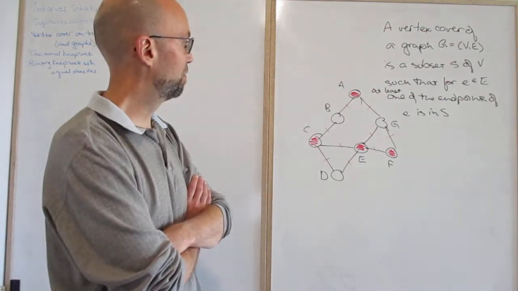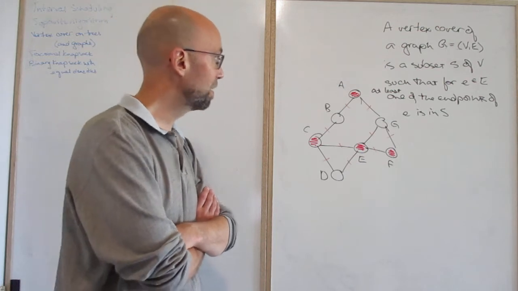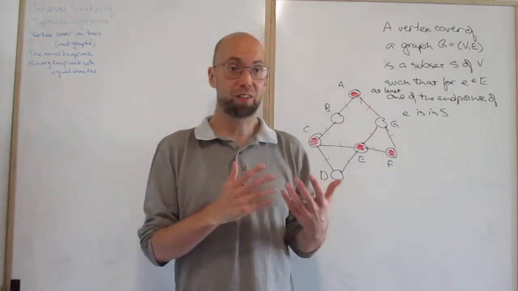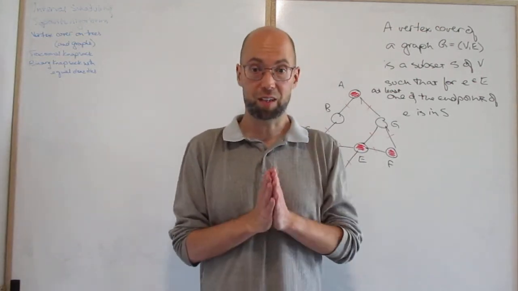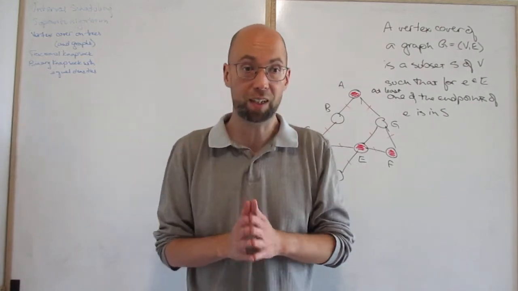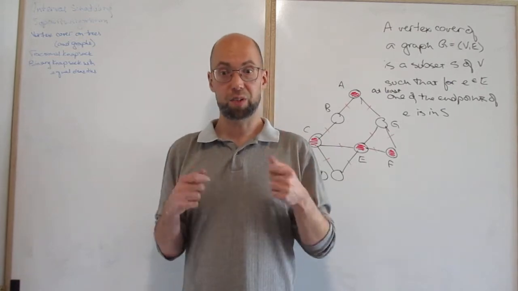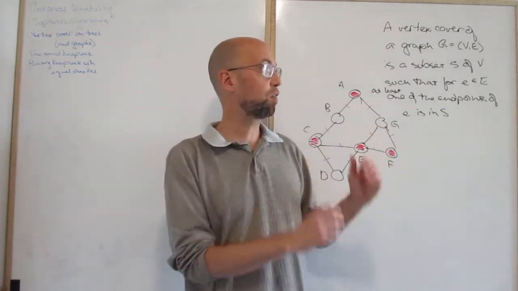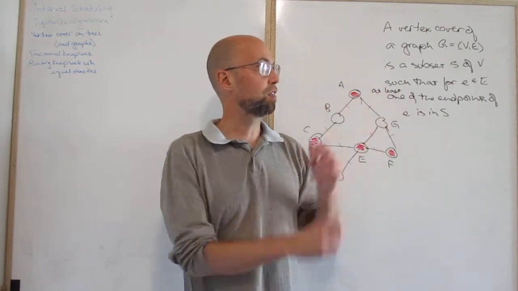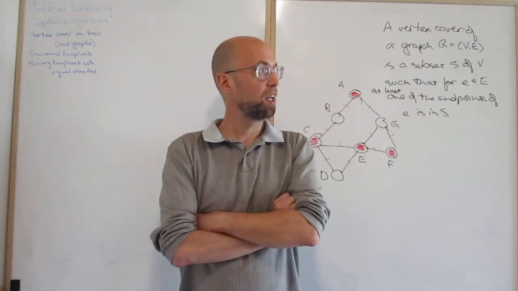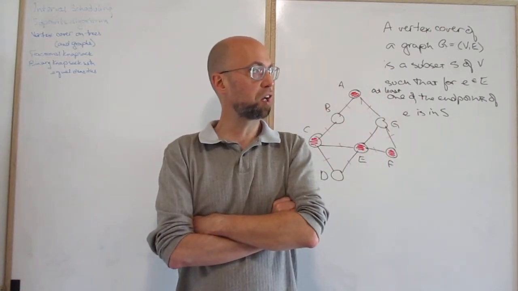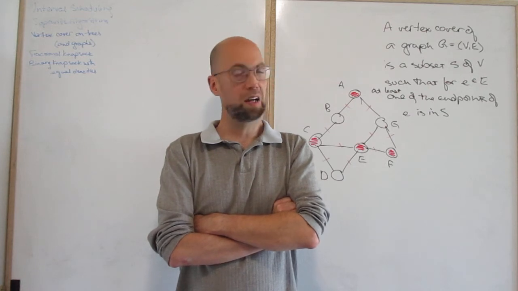That's kind of frustrating. If somebody gives you a graph and a number k, so they give you a graph on 10,000 vertices, and they say, is there a vertex cover of size 2,000?